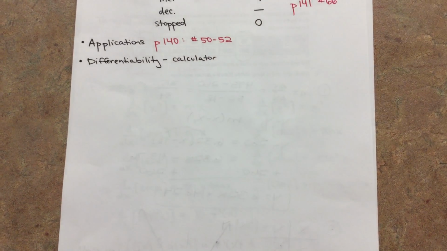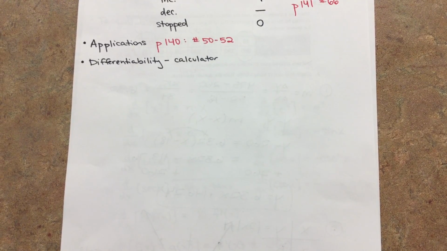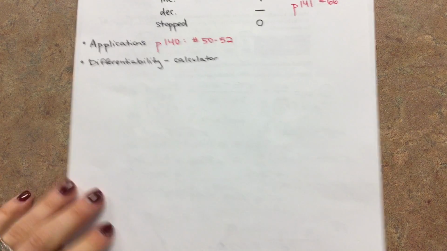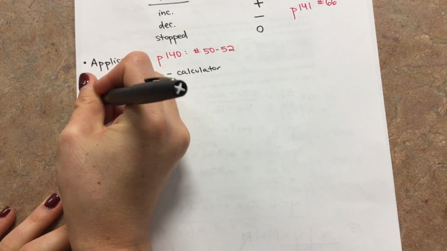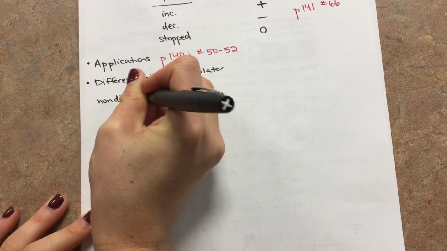I don't know if you guys remember doing these ones where we zoomed in using a calculator to a certain point and then distinguished whether or not it was a point of differentiability, and then if it was not differentiable, identifying whether it was a corner, cusp, vertical tangent line, or discontinuity. So I'm going to give you guys just a quick graph of those. So points that are non-differentiable.